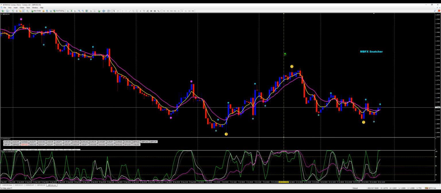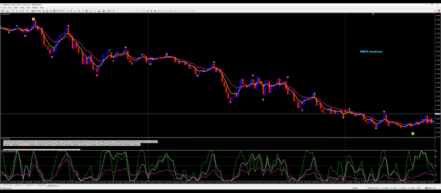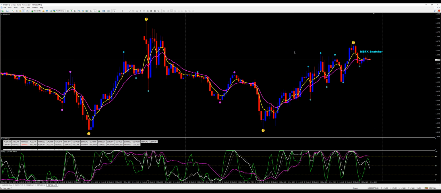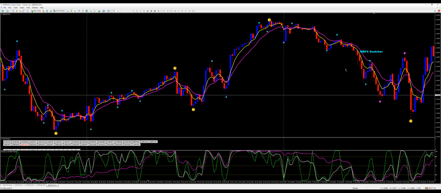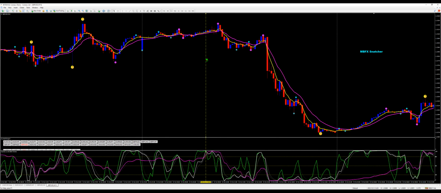Now you know you're looking for a short. And it sets your expectations like that. Then you go down to the 15. And you're looking for a trade, which is right there.